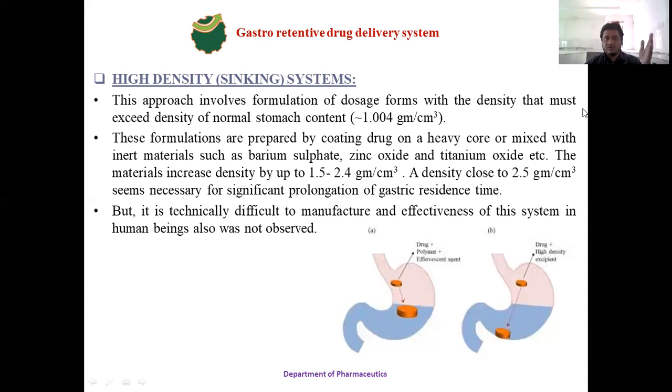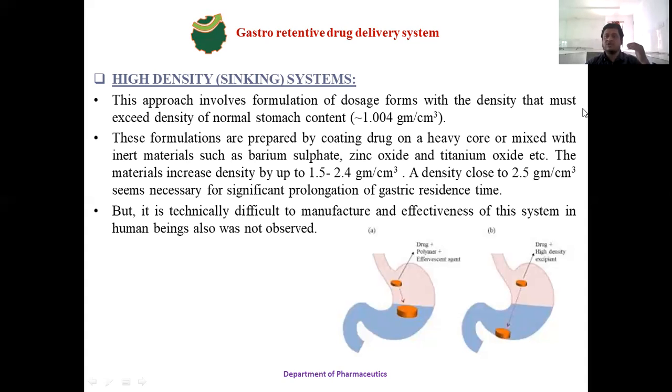Now coming to the next approach, that is the high density or sinking system. In the high density system, the name itself implies that the system will sink, it will not float. If we compare with the first approach, it will not float but it will sink.